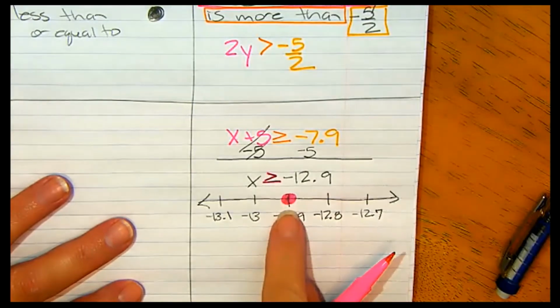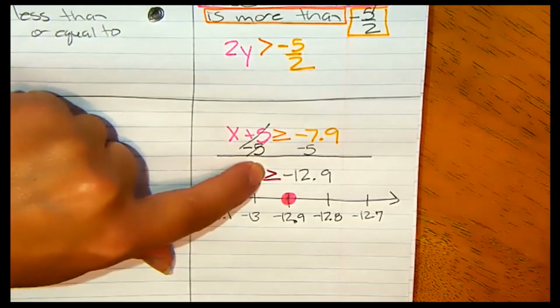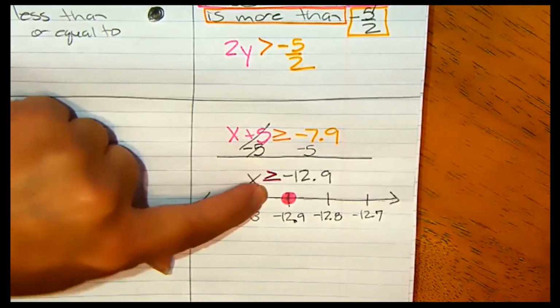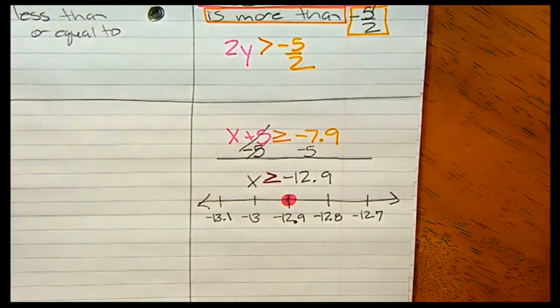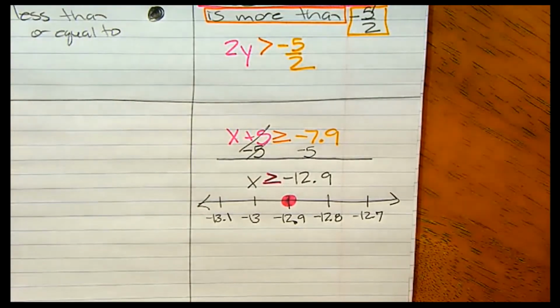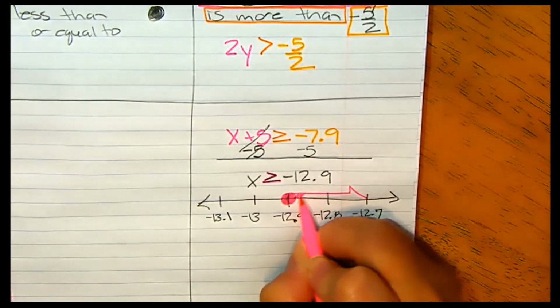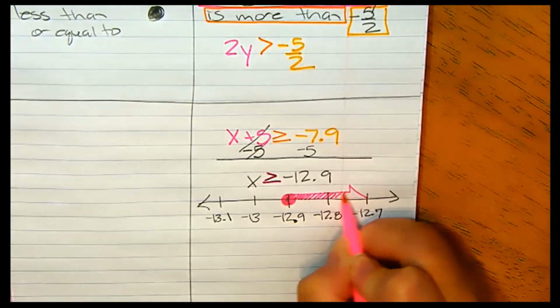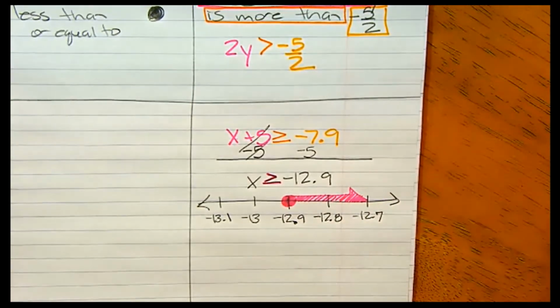So I'm going to use a closed circle. And now x is greater than or equal to. So the closed circle means equal to, and x is everything greater than. Greater than means everything to the right. Greater than has an R in it, so it means everything to the right.